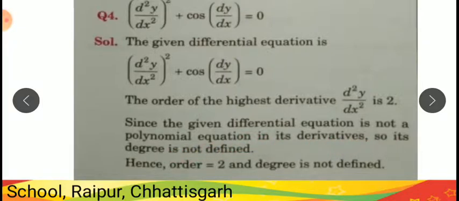This is cos dy by dx. Due to this term, it is not a polynomial equation, so its degree is not defined. And here this is d2y by dx2, which means its order is 2.